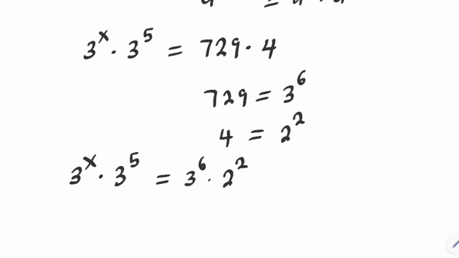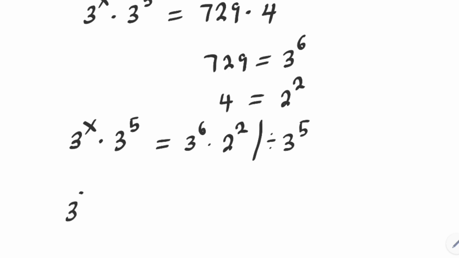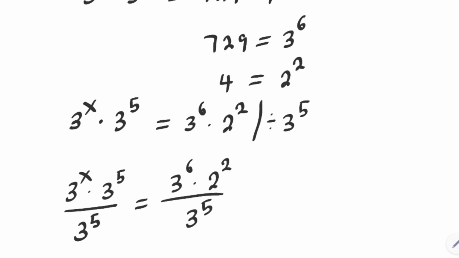Let us divide the whole of this equation by 3 raised to power 5. Now we have 3 raised to power x multiplied by 3 raised to power 5 divided by 3 raised to power 5 is equal to 3 raised to power 6 multiplied by 2 square over 3 raised to power 5.